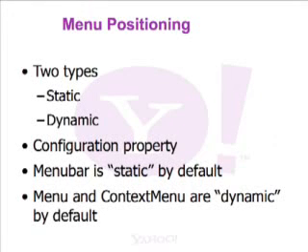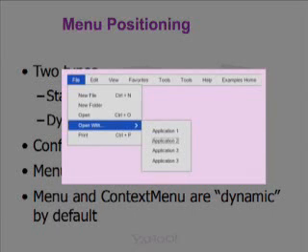A little bit about menu positioning. I mentioned earlier that there are 2 types. The 2 values that you can pass to the position configuration property for menu are static and dynamic. Here is a little demonstration of that. Typically, menus are cascading off of some statically positioned root.